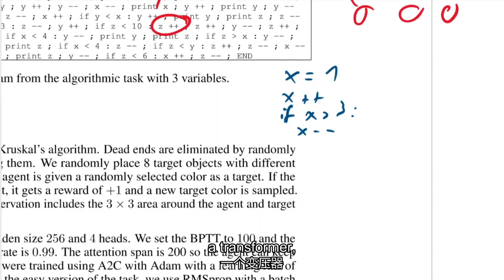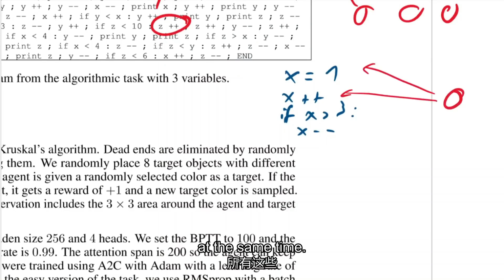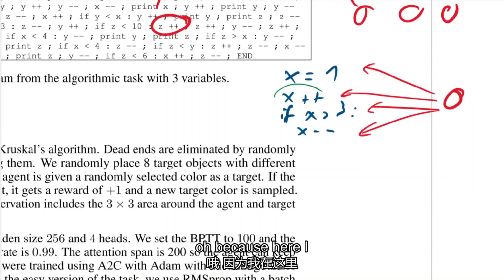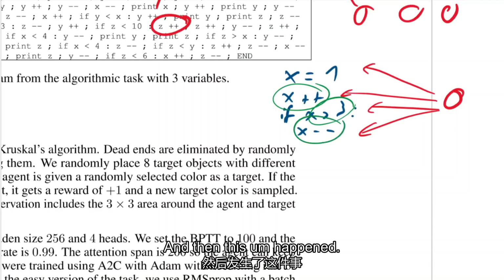A transformer, one layer, will be able to look at all of these at the same time, but it will not be able to look at them in sequence, right? It can only look at them at the same time, but it cannot have a dependence between them. It cannot say, oh, because here I incremented, this is greater than 3, and then this happened. Actually, it's not greater than 3, and then this didn't happen. It cannot do that reasoning.